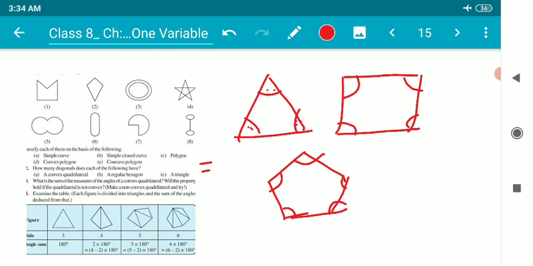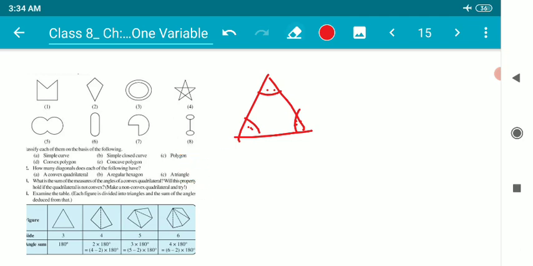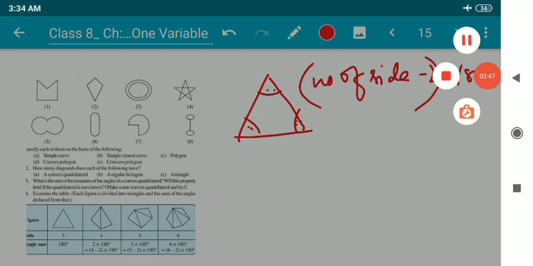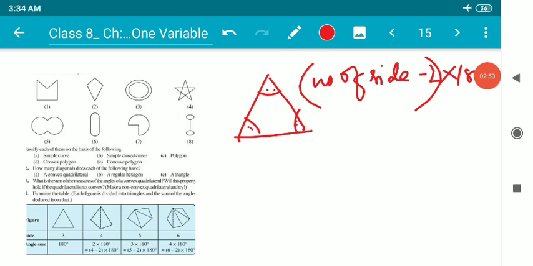Let me clean up this space a bit. The formula is (number of sides minus 2) into 180. Children, the formula is (number of sides minus 2) into 180.